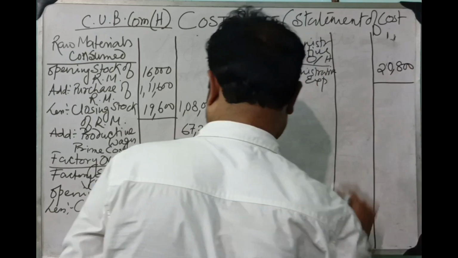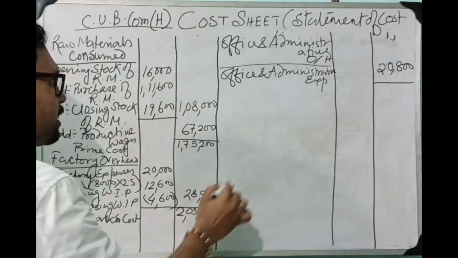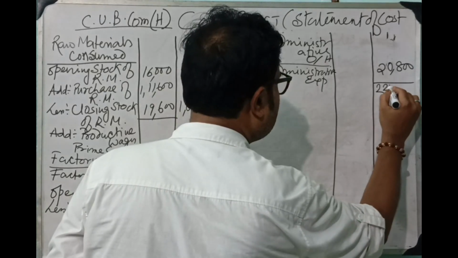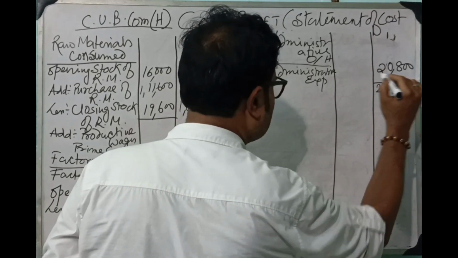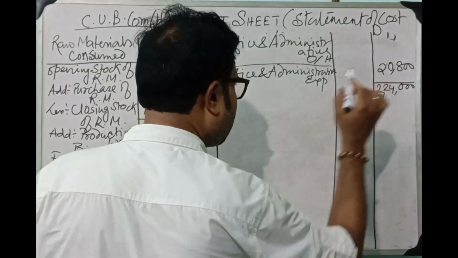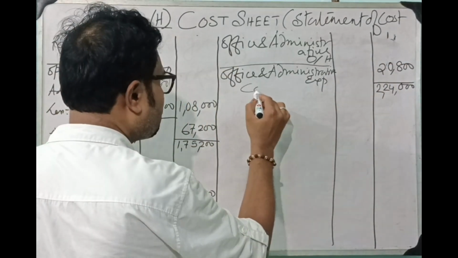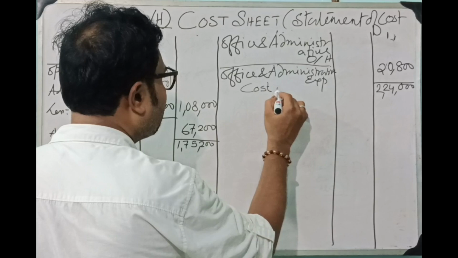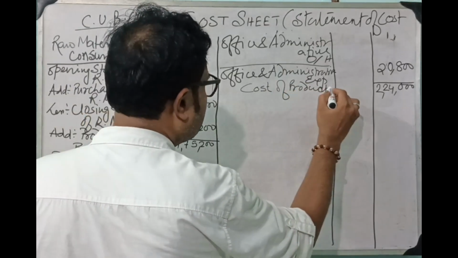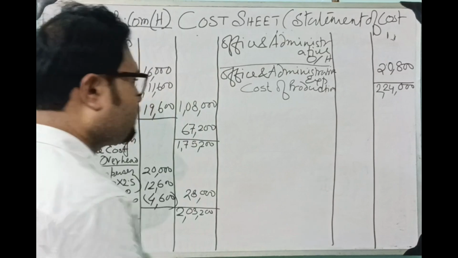Add 23,200 plus 20,800, it will come 2,24,000. 2,03,200 plus 20,800 is 2,24,000. This is called cost of production.